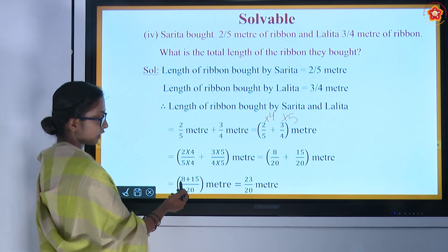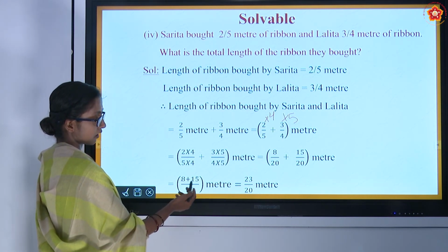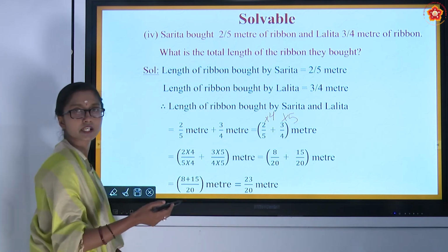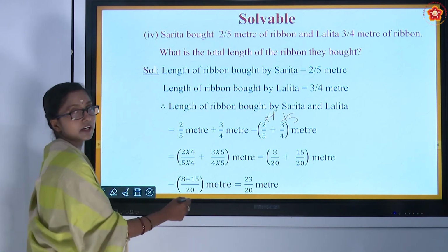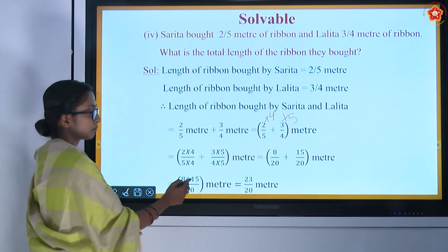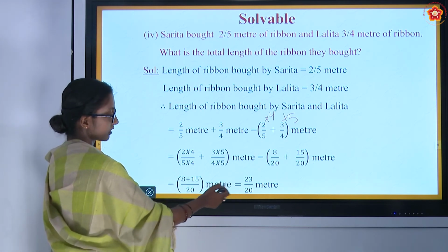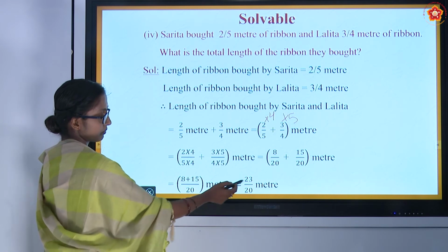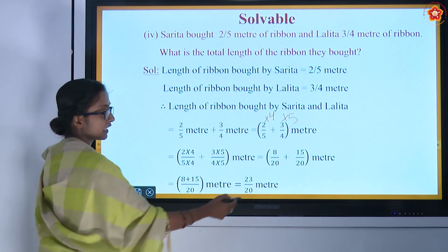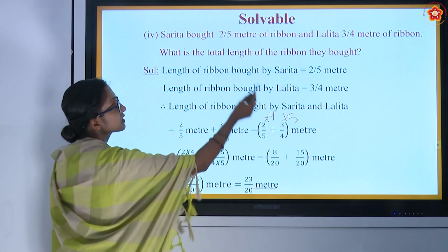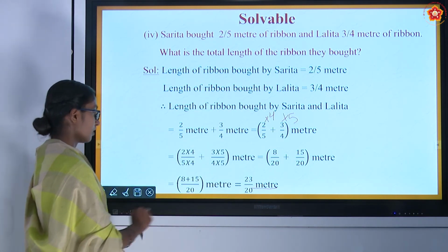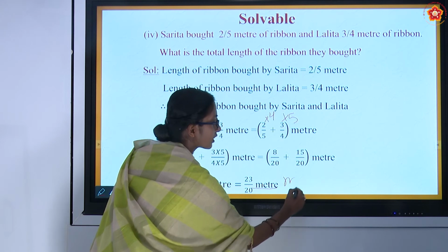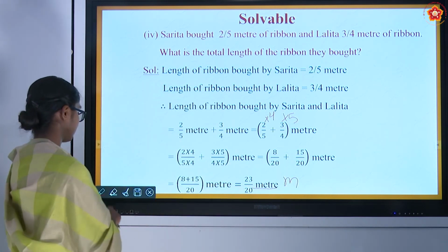Now the denominators are same, so we can write 8 plus 15 whole divided by 20. 8 plus 15 is 23. Denominators remain same. 23 by 20 meter, because the ribbon length is given in meter. Or else you can write only small letter m in short.